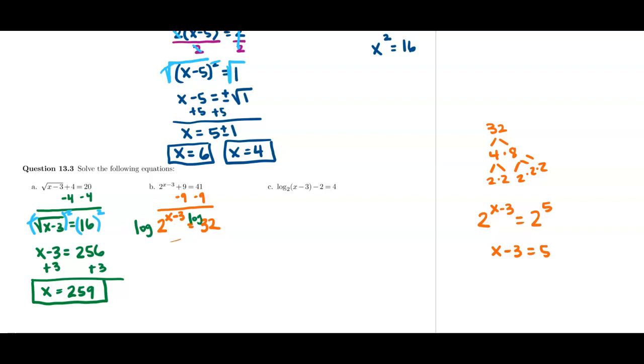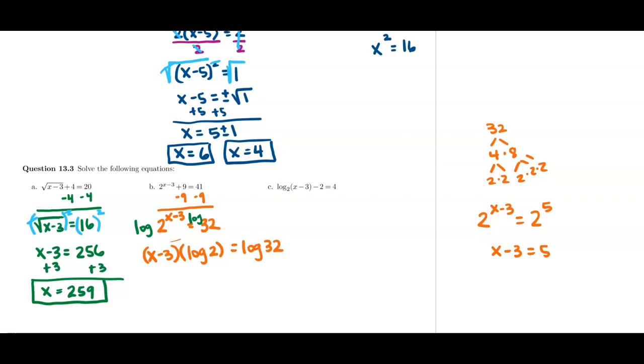Because logs undo exponentials. So that means that I get that x minus 3 out in front, because the exponent is coming out in front, and then times the log of 2 equals the log of 32.